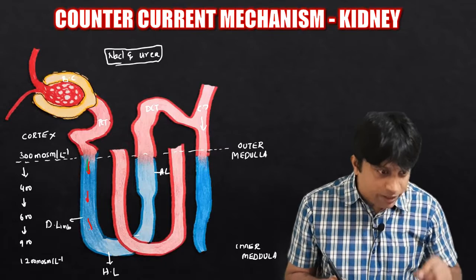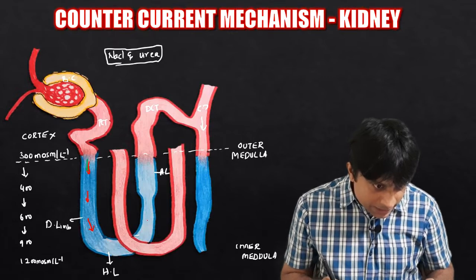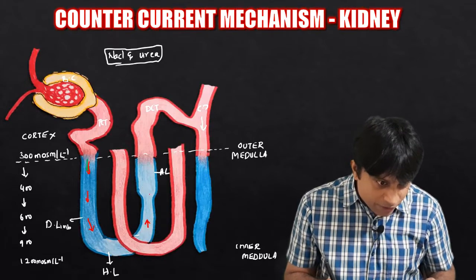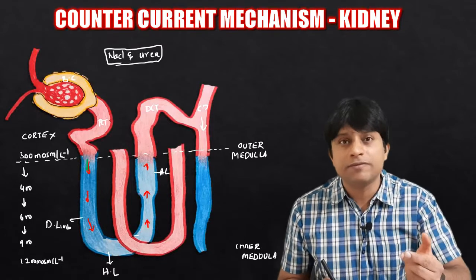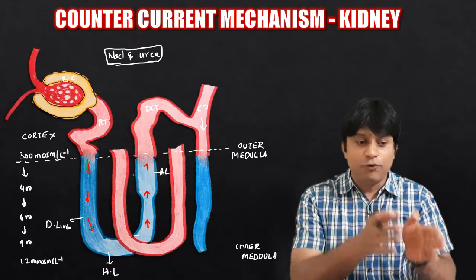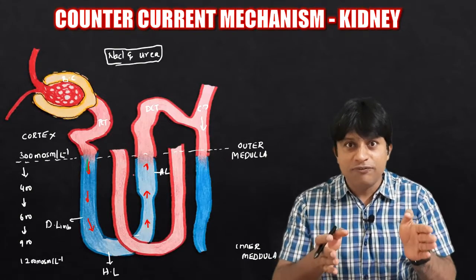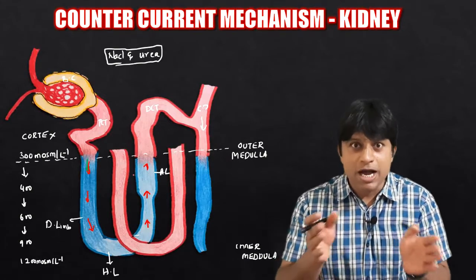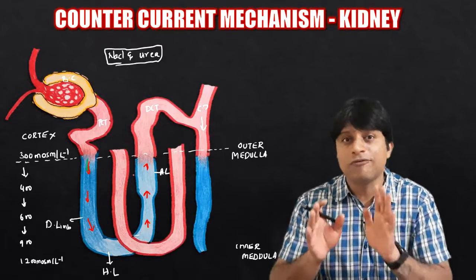And in the ascending limb, the renal fluid is moving from inner medulla to outer medulla. If you compare the flow of renal fluid in both limbs of Henle's loop, it is in the opposite direction. Am I right? So this is called counter flow.